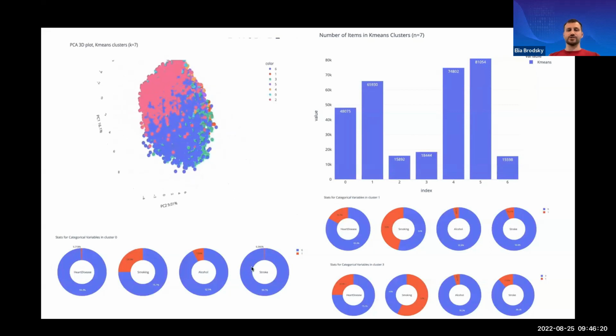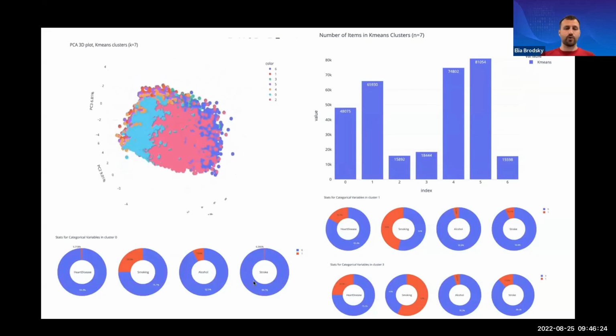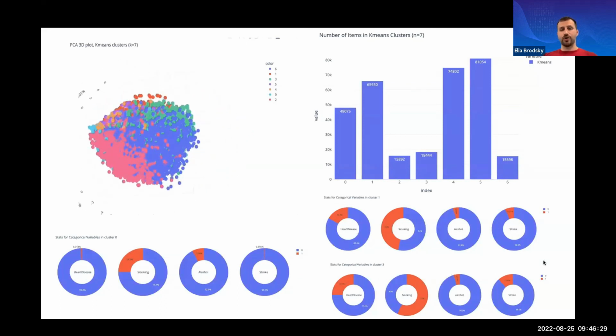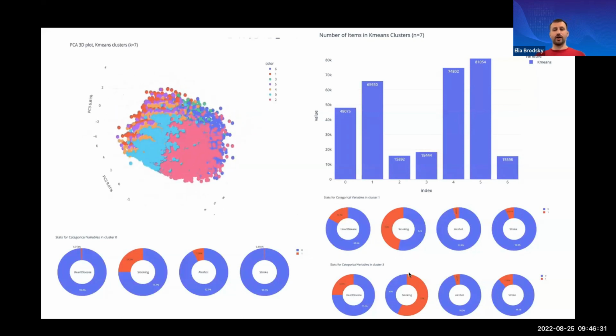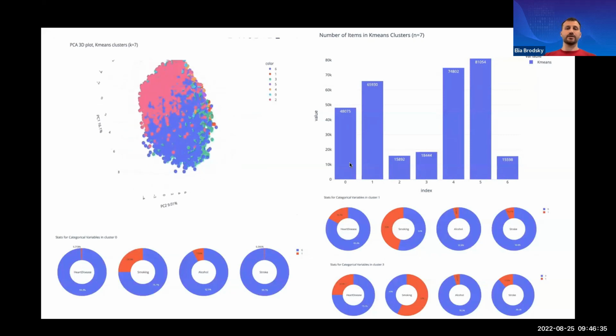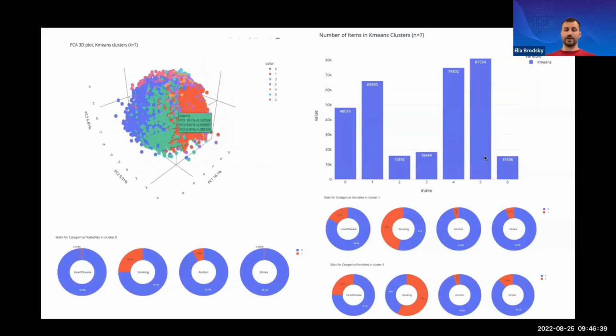And so maybe this cluster is specific to heart disease. And here I can see proportions of other types of variables that I might be interested in. I also have here other kind of comparisons within other clusters. And here I can also look at, well, how many samples got assigned to a particular cluster.